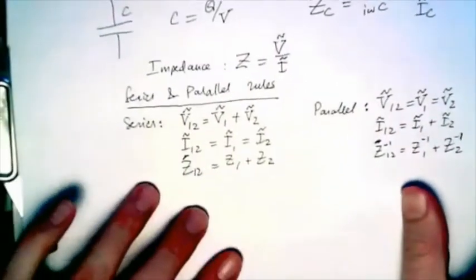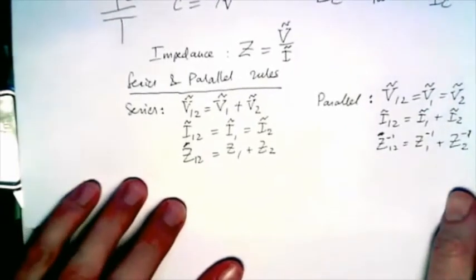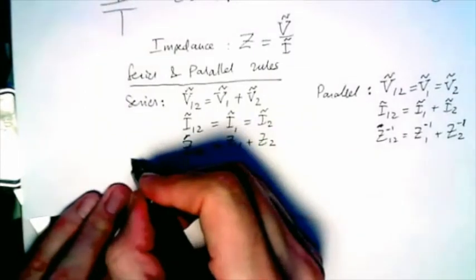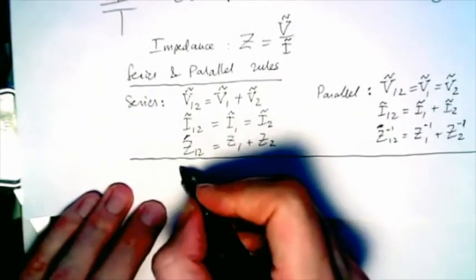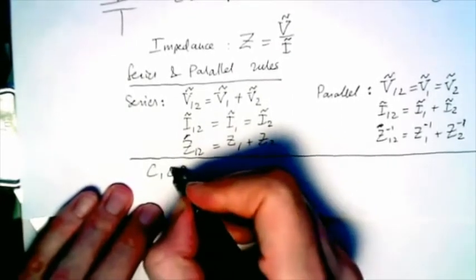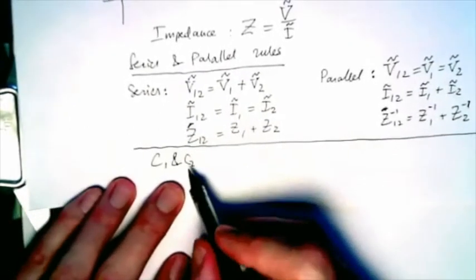Now, I want to show you what the series and parallel rules are for capacitors, because we haven't really talked about it yet. Let's say we have two capacitors, C1 and C2, in series.